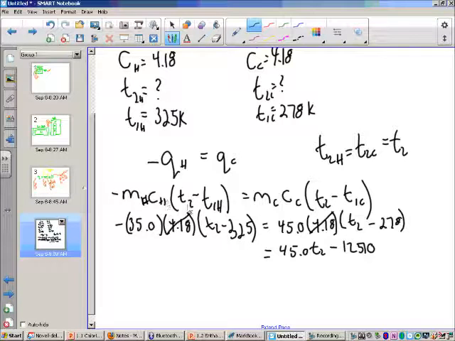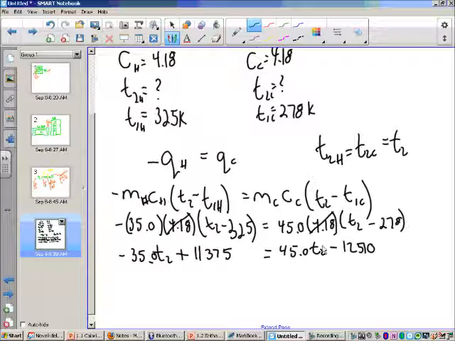And on this side, you could bring the negative in. Sure you could. So it would be negative 35 T2, and then negative times negative would make it plus. So what's that 35 times 325? Yep. So let's gather up our T2s.